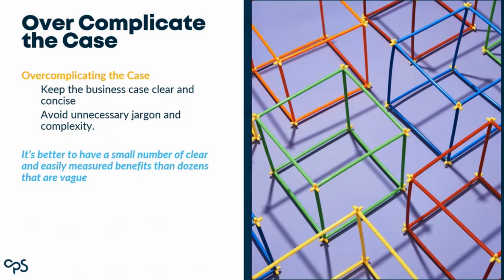Really no, keep the business case clear, only put stuff that's attributable to this project into the business case, make sure that you've got a way of measuring that, and ditch the other stuff. Volume and quantity may feel like the way to go, but you can pick holes in quantity.